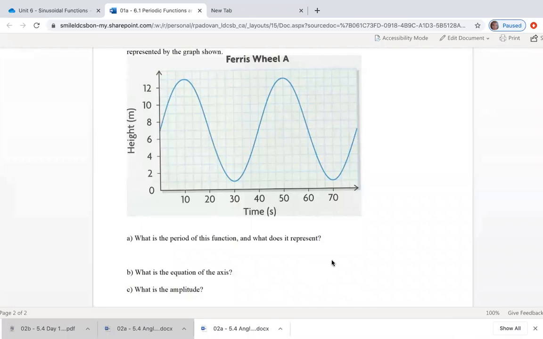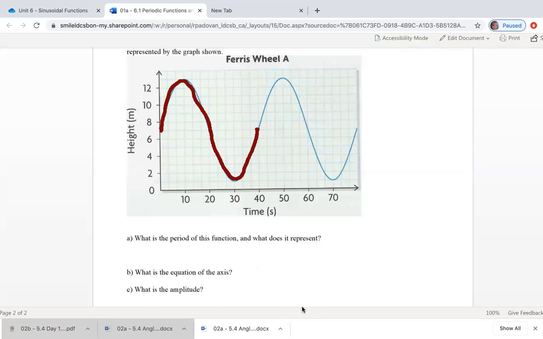If I make a thick line here, starting at 7, reaching the peak, down to the trough, and back up to 7, making sure I'm stopping at 7, that would be a period there, correct? Okay.